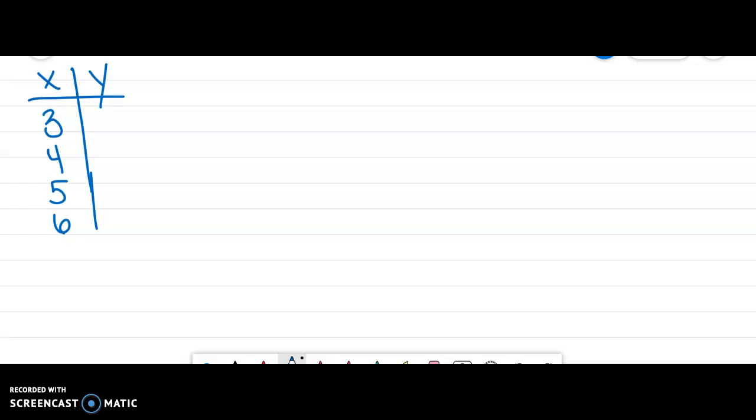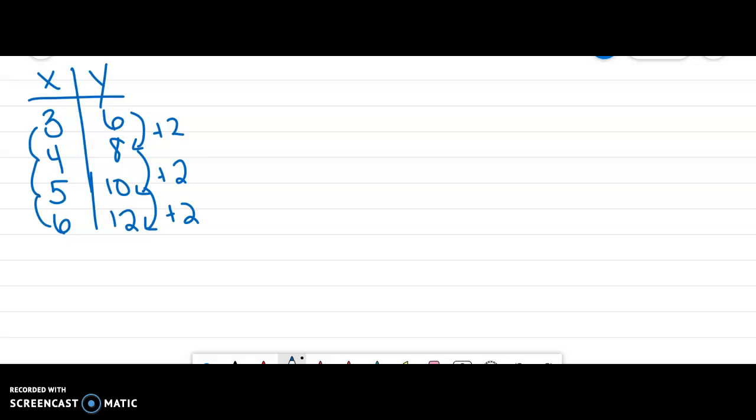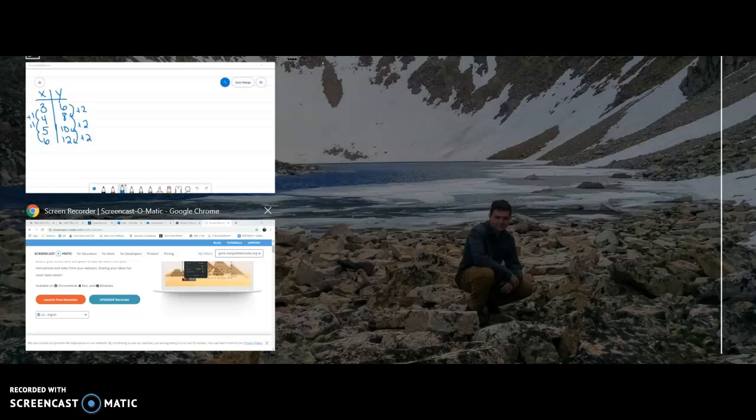What if we did 6, 8, 10, 12? Most of you can see pretty easily this thing is growing by adding 2 every time. So the constant difference is 2, and the slope is also 2 because this column is growing by adding 1 every time.